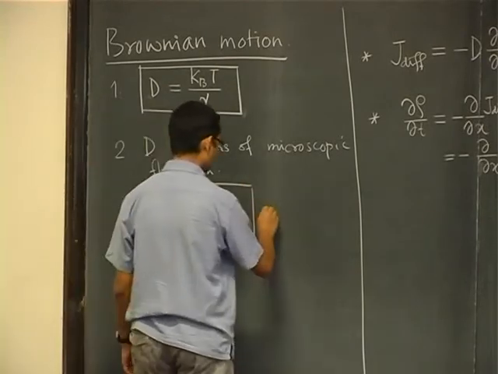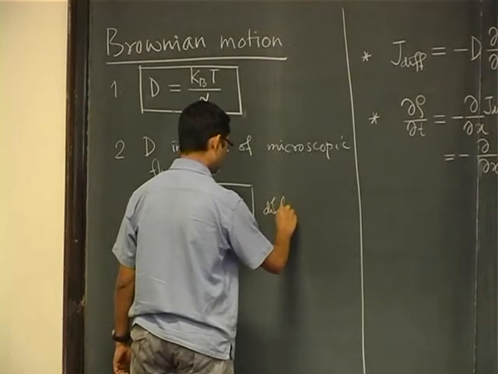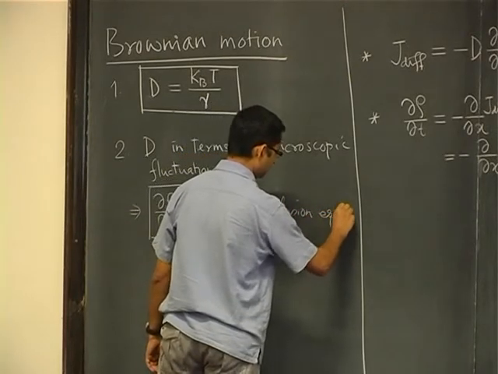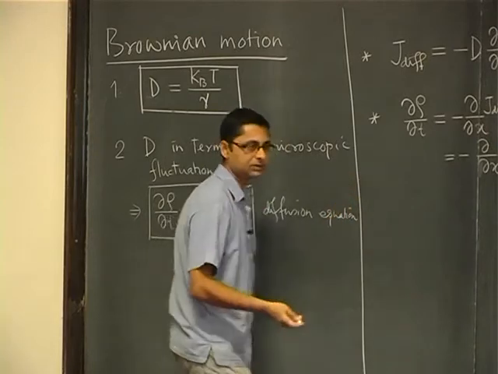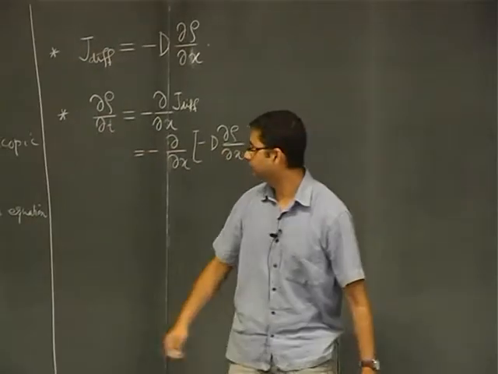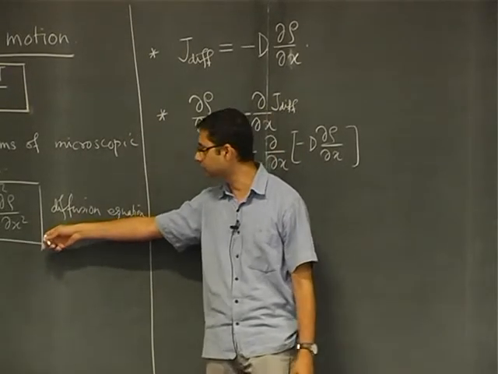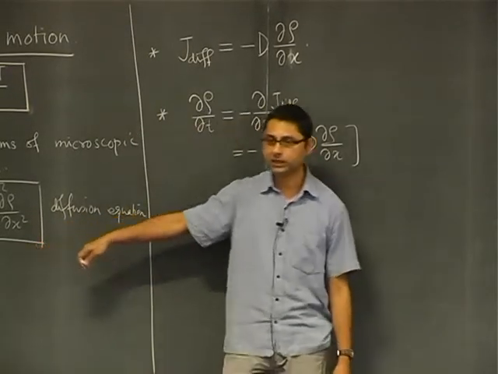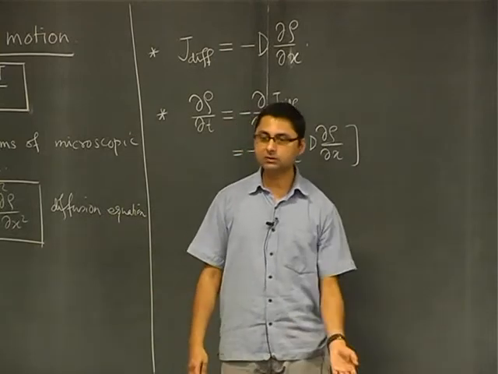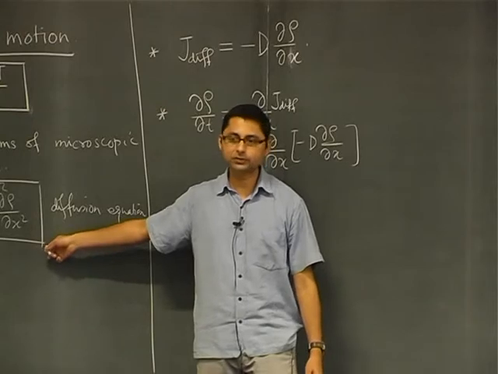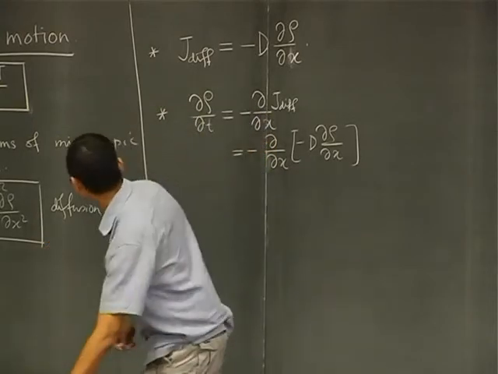This is called the diffusion equation, or Fick's second law. This equation is valid for any diffusion. It need not be Brownian motion, because we saw yesterday that even for a random walk, when you took the continuum limit, we obtained the same equation, right. So for any diffusion, this equation is valid, okay.